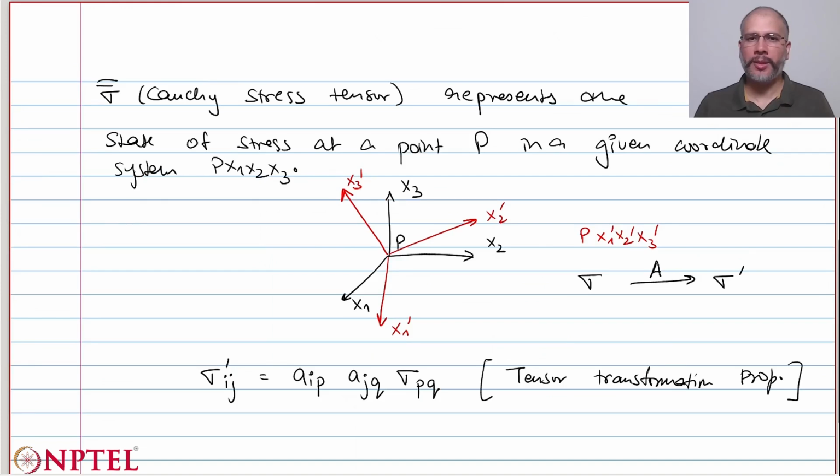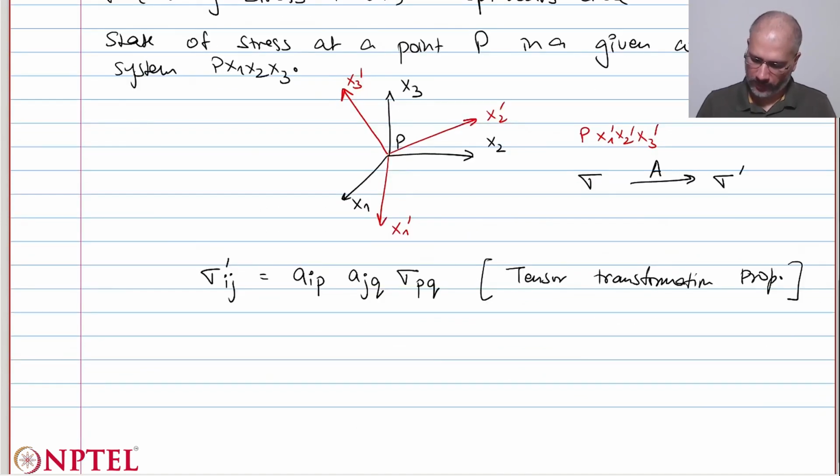We can also call this the stress transformation property. In the symbolic notation, this can be written as sigma prime is A sigma A transpose, where A is the transformation matrix.